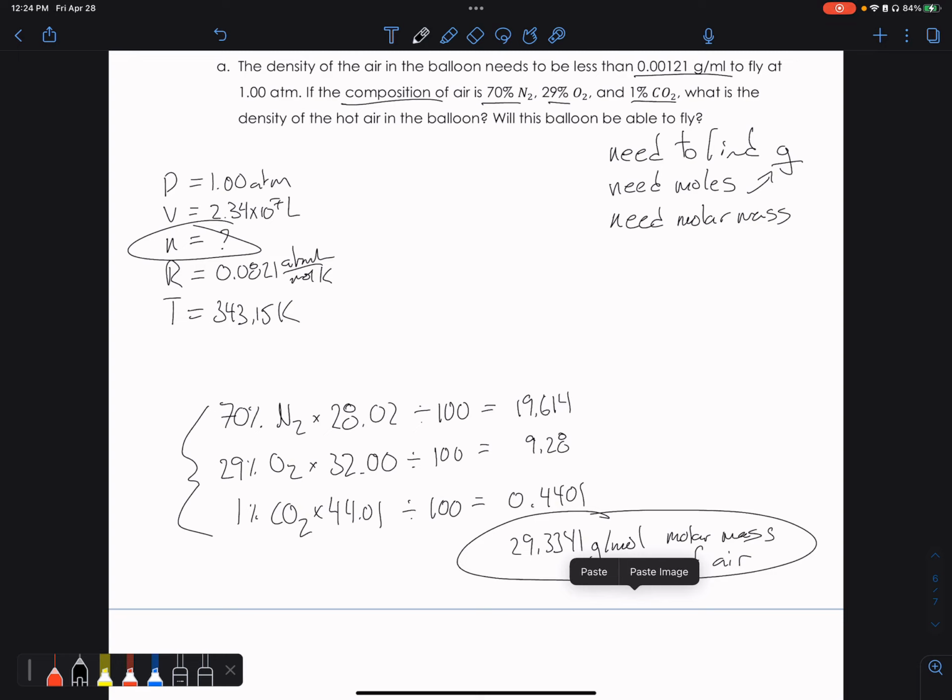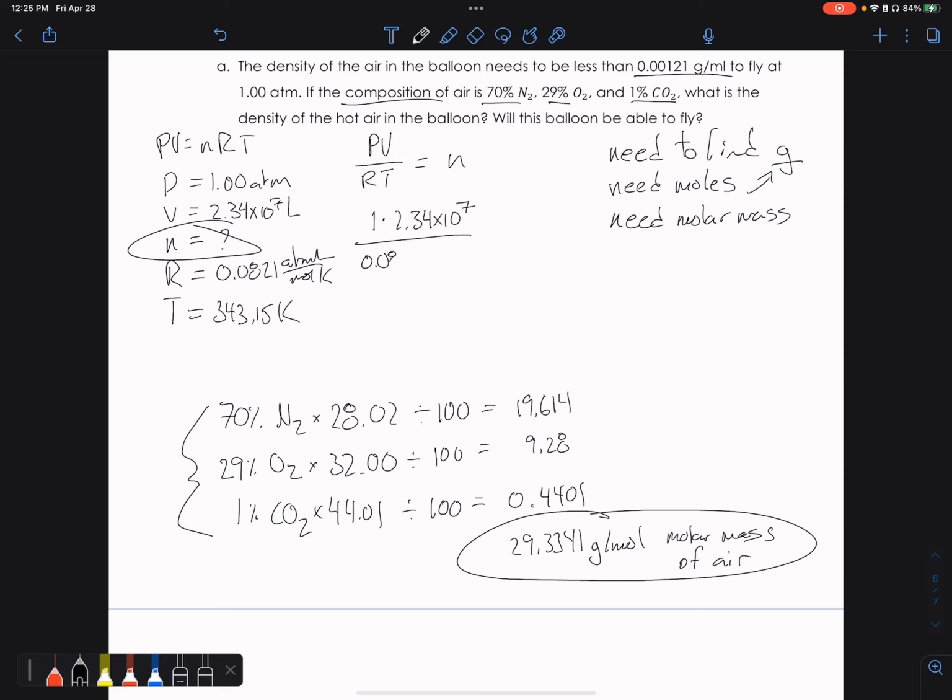Now, we've already got our PV equals nRT up here. If we rearrange that real quick, we'll get PV over RT equals N. So 1 times 2.34 times 10 to the 7 over 0.0821 times 343.15 Kelvin.